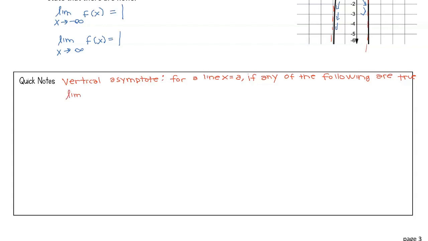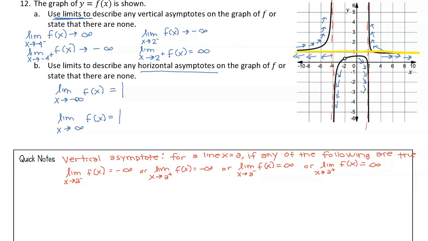The limit as x approaches a from the left of f of x equals negative infinity, or the limit as x approaches a from the right is negative infinity, or the limit as x approaches a from the left is positive infinity, or the limit as x approaches a from the right is positive infinity. These are a general form of everything we did in part A.